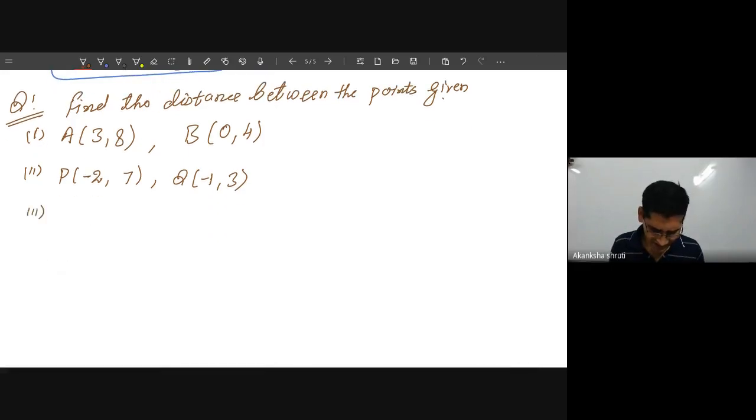The third one, M, 13, 12, and the other is N, 10, 14.